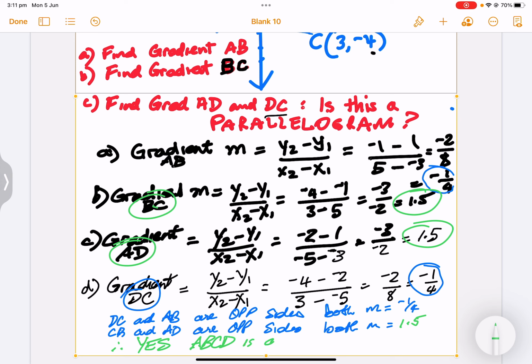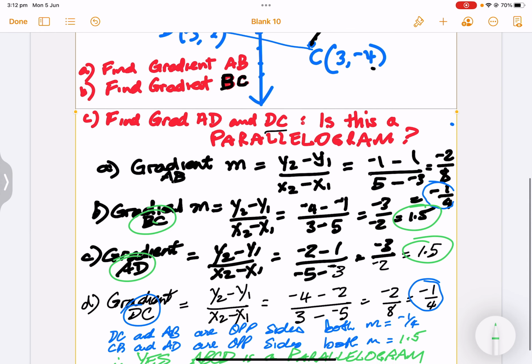ABCD is a parallelogram. Make sure you explain and show your setting out. There's no perpendicular sides here.